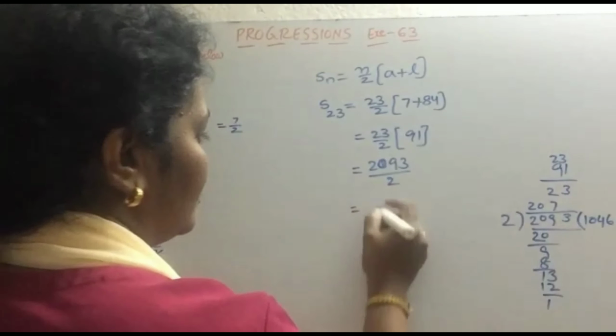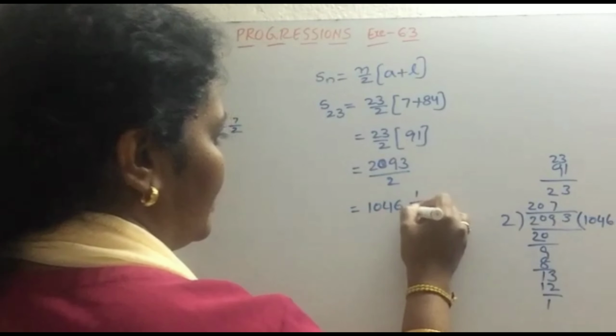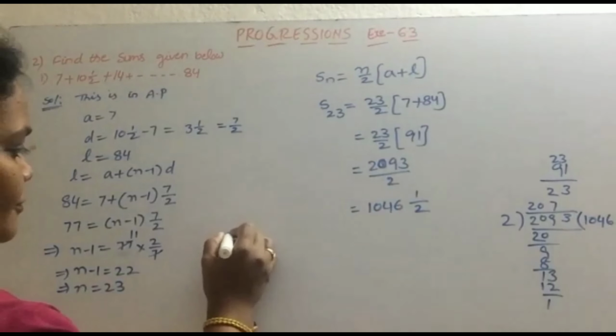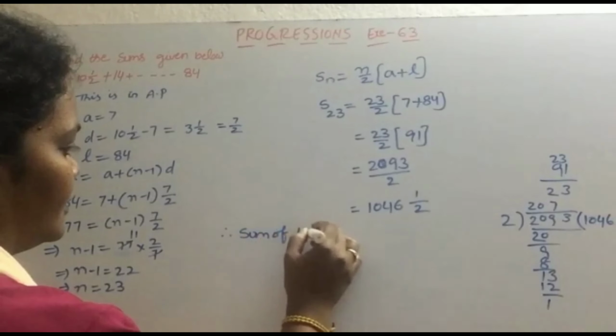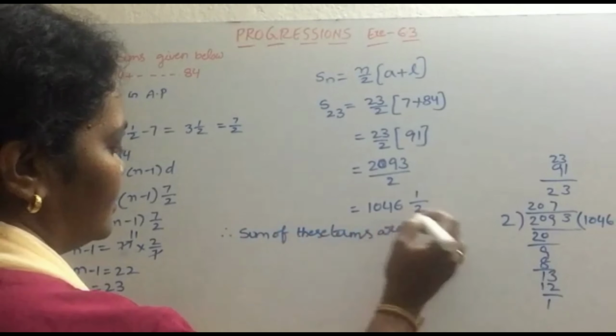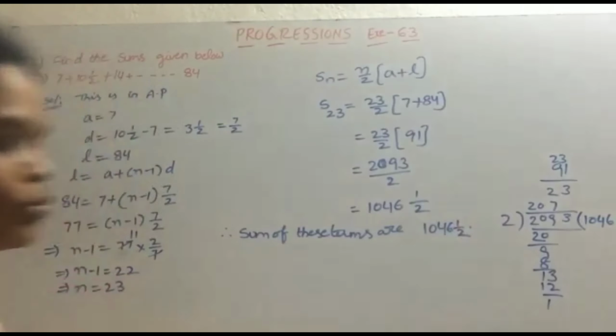So that is equal to 1046 into 1 by 2. So therefore sum of these terms is 1046 1 by 2.